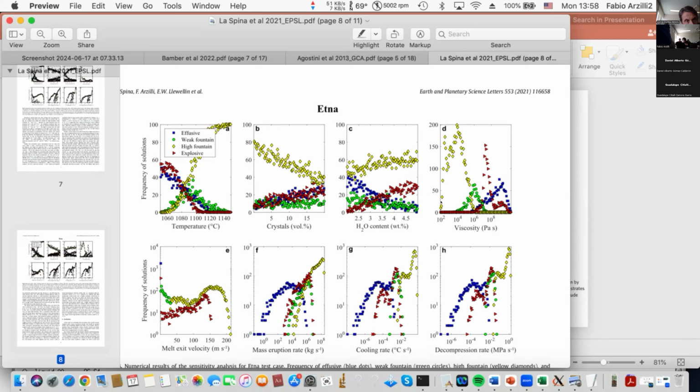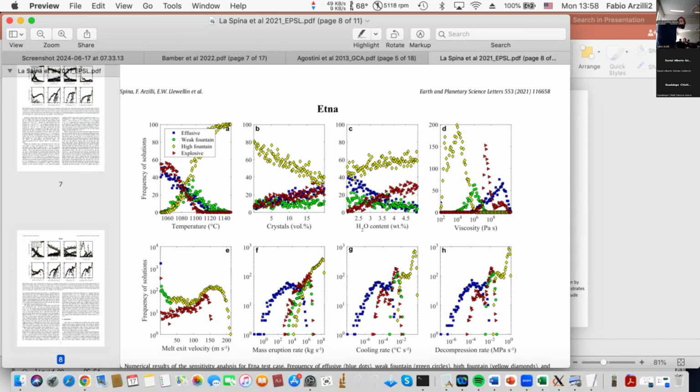Therefore, with very fast ascent rates and decompression rates, you go towards fountaining, and if you are in the middle, it's highly explosive. If you are too slow, the crystallization will advance too much, and then logically the gas will decouple, and you have gas-magma decoupling. Basically, that's it.